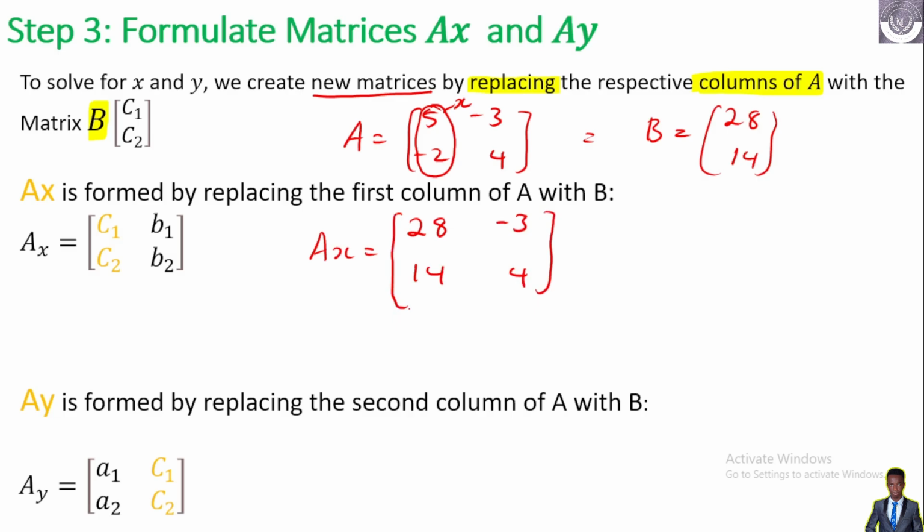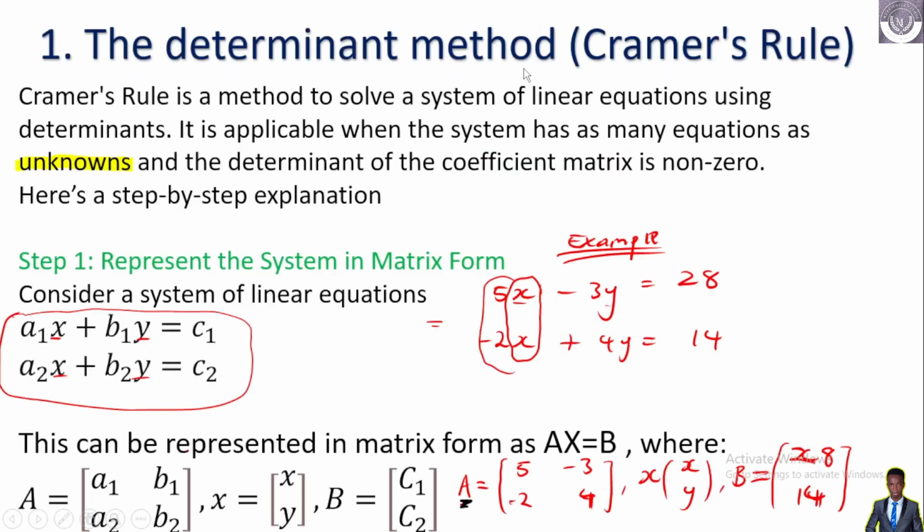And also for Y, we do the same thing again for AY. Remember, this time this other aspect is the Y column, because from the original linear equation we have minus 3y and 4y. So we are going to replace it also.